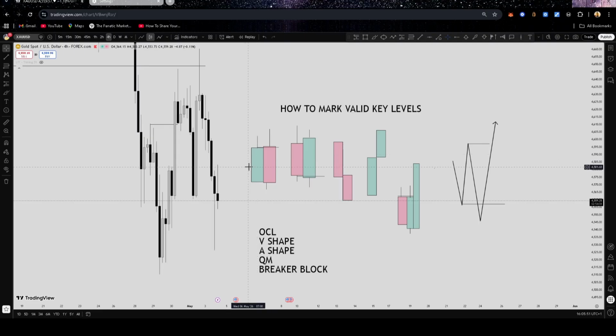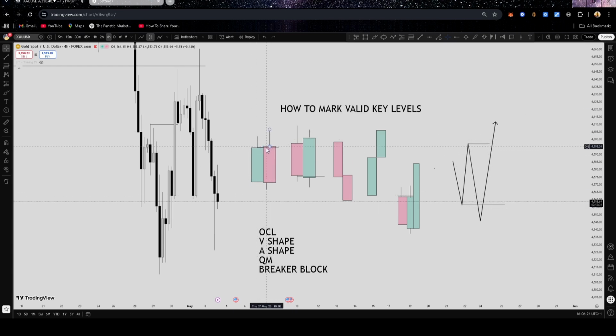After you have gotten your bias, then you can use your key levels before you move to entry. Get your key levels first before you can get an entry. And in the next video, I am going to break down how to get a good entry using this. So for today, we are going to pay attention just to key levels. So for a V-shape or an A-shape key level to be valid, it must come from a higher time frame. That is criteria number one.